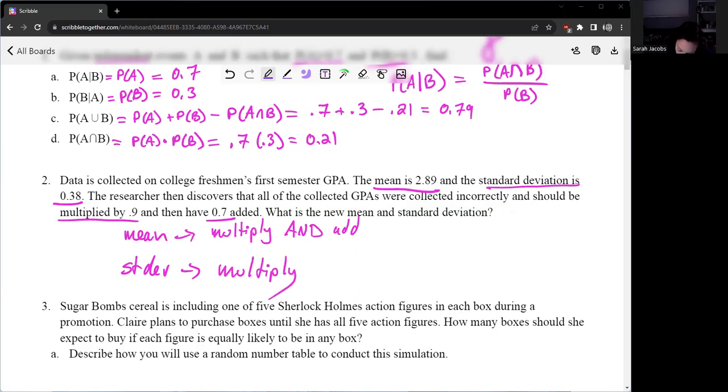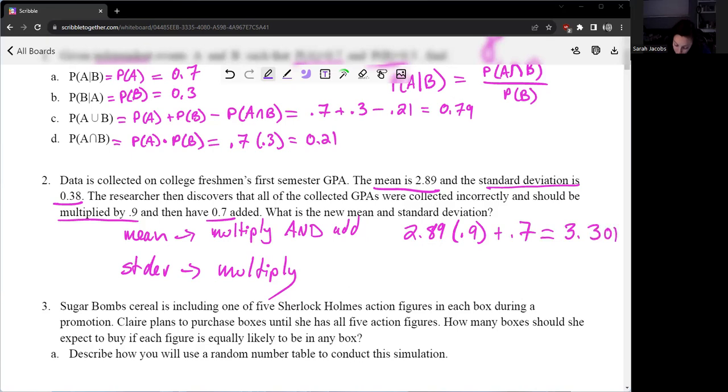So the new mean is going to be 2.89 times 0.9 plus 0.7. When we do all that, and make sure you're typing it into your calculator correctly, that is often a source of error. So the new GPA is actually 3.301.